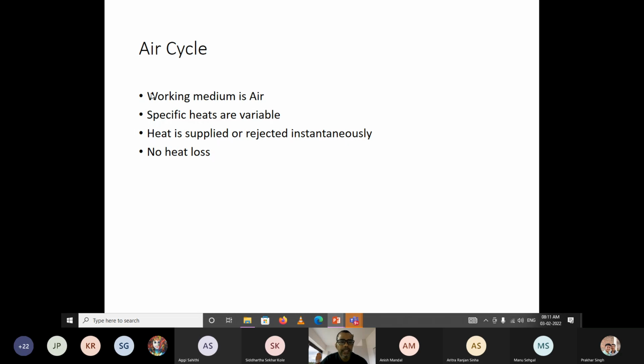So in the air cycle, we assume that the working medium is air. Specific heats are now variable. It is varying. But heat supplied or rejected still takes place instantaneously. And still we are assuming that there is no heat loss.